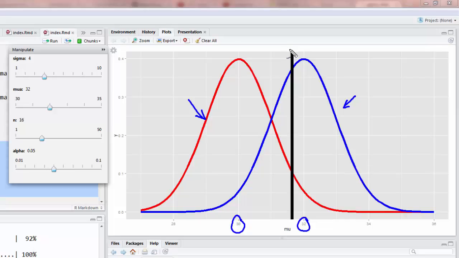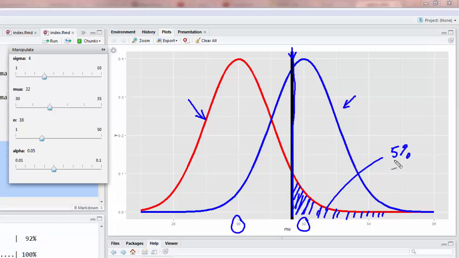We've set a critical value so that if we get a sample mean that's larger than a specific threshold, we reject the null hypothesis. That's this line. We set this line such that if the red density is true, the null hypothesis is true, the probability of getting statistics larger than it, this area, is 5%.